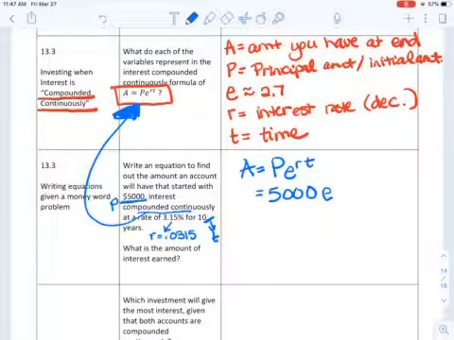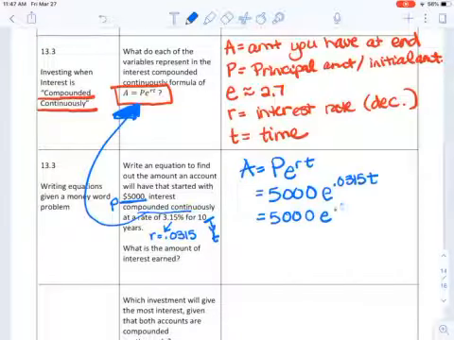Remember, I'm not plugging in anything for e because that's a number. My rate is 0.0315 times t. And since we do know the time is 10, I guess I could have just gone straight to that step, 0.0315 times 10.